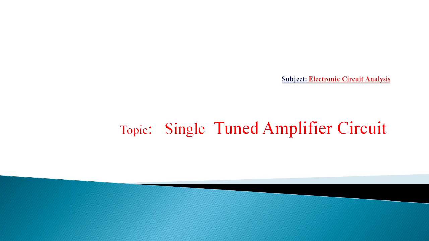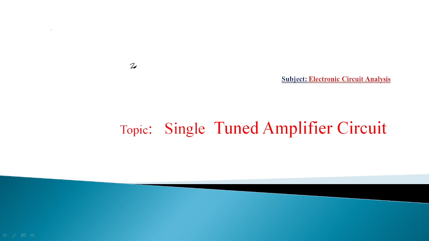I will explain about single tuned circuit or single tuned amplifier circuit. Generally, tuned circuits are used to tune the circuit and receive our required signal. I'll explain clearly here.